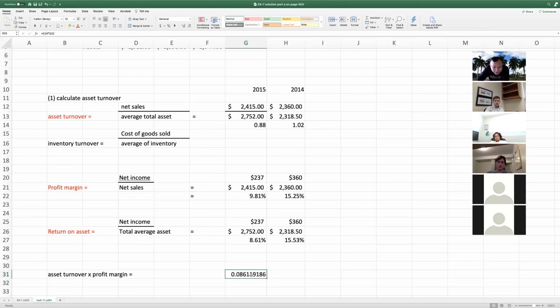Well, this number looks familiar. Did you see it anywhere else? Let's try this again for the year 2014, asset turnover times profit margin. This number looks familiar too. Where else did you see these two numbers?